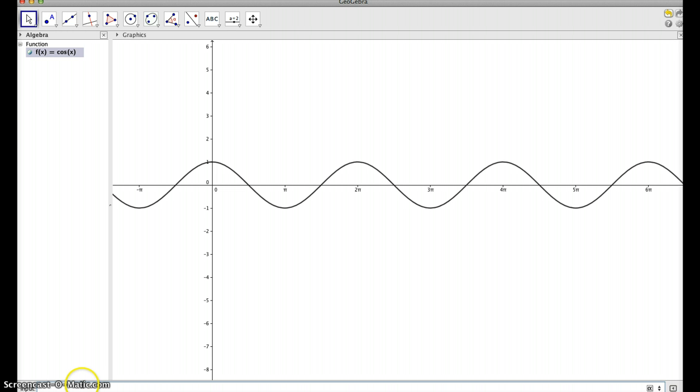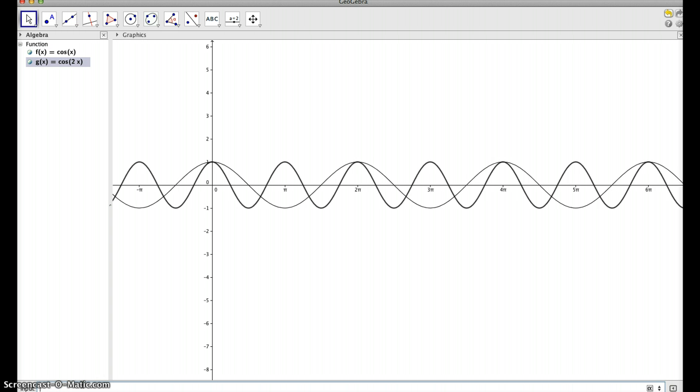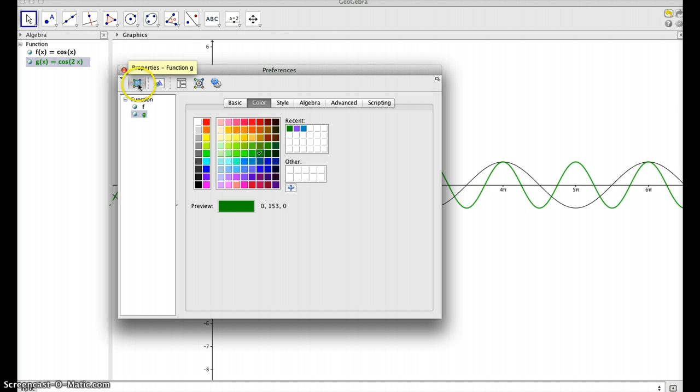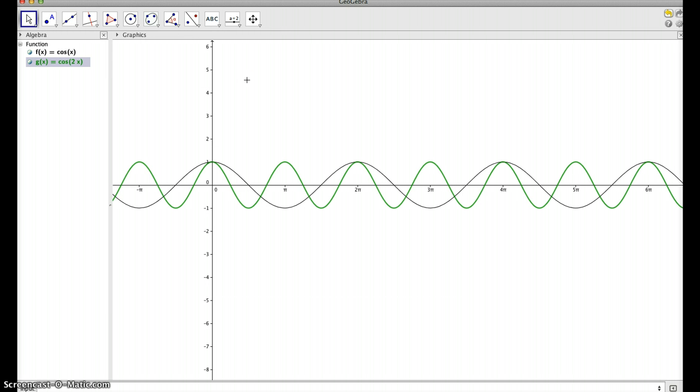Now if we change the cosine function to y equals the cosine of 2x, this is going to change our function again. It halves my period, so I have twice as many cycles as I did before in the same window.